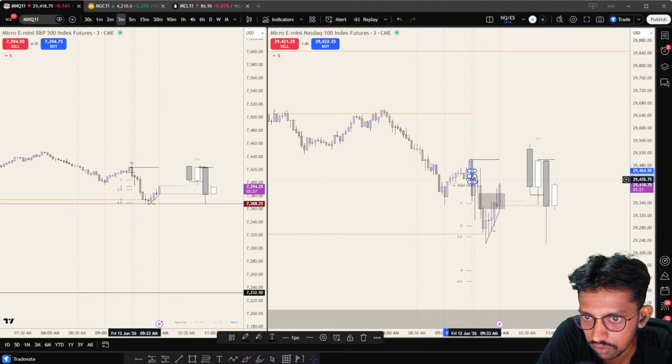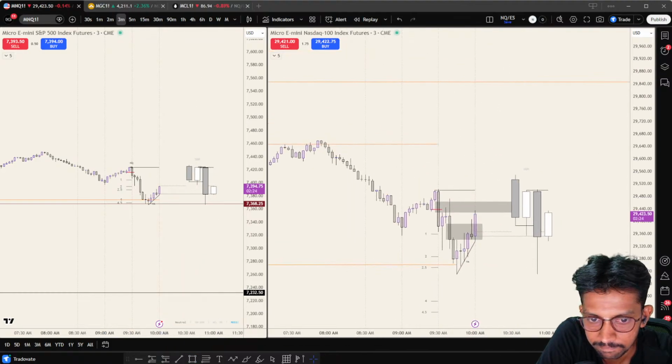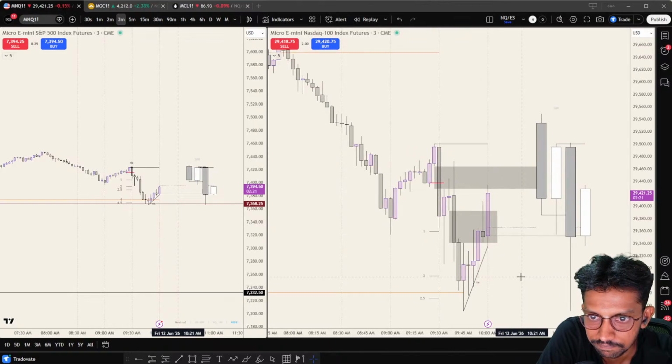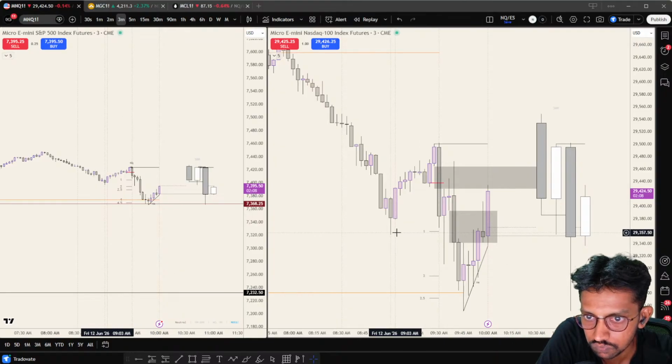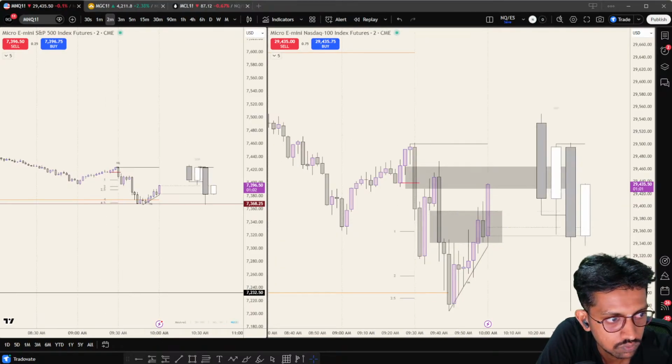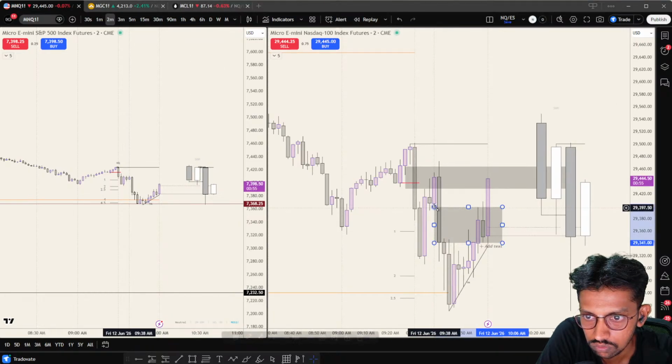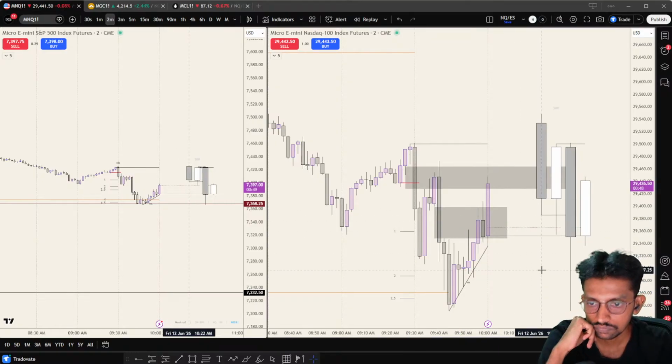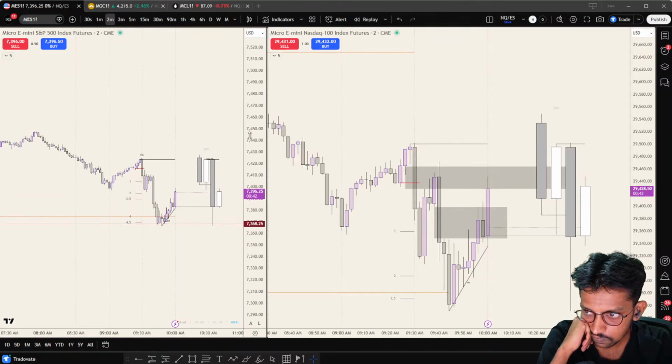We have this 3 minute fair value gap. We reached the weekly open in years.